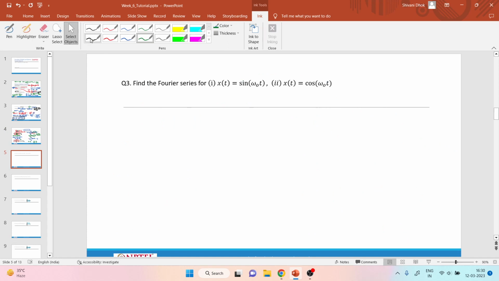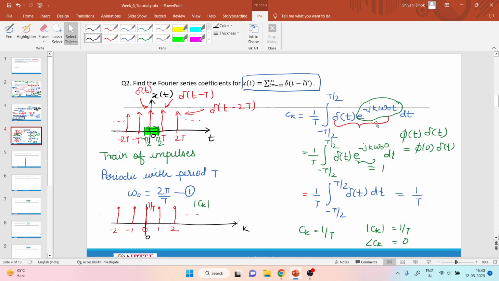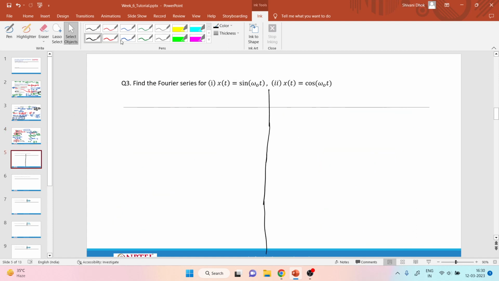Now let us look at two other important functions or signals, sine and cos. One approach is to use this integration equation and find the Fourier series. But I won't do that.